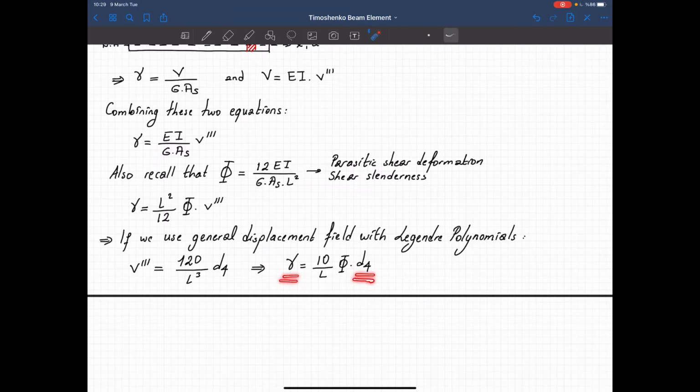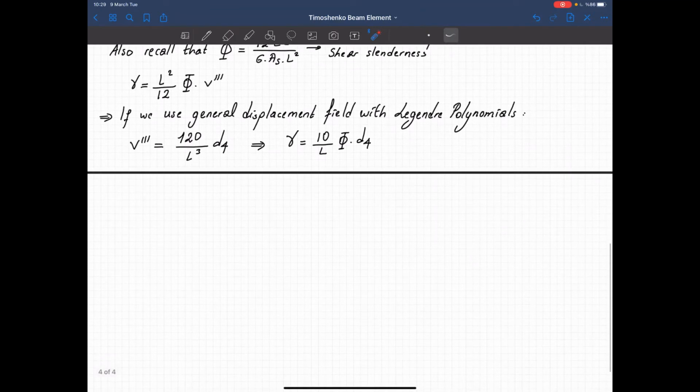Remember that D4 describes the anti-symmetric bending. So we have shear strain due to anti-symmetric bending only. So the rigid body translations, rotations, and the symmetrical bending don't cause any shear deformation. It's only caused by the anti-symmetric bending mode. That's what we see from this equation.